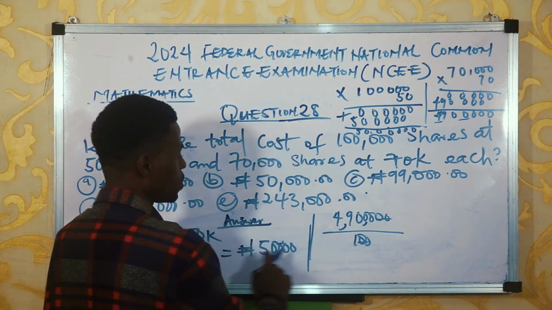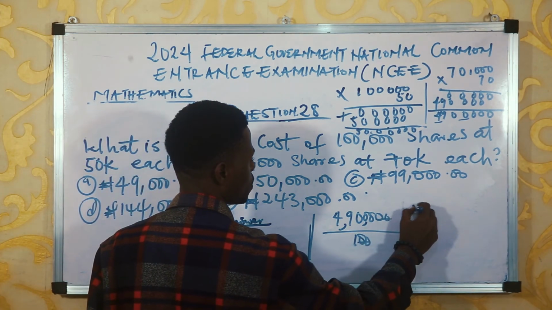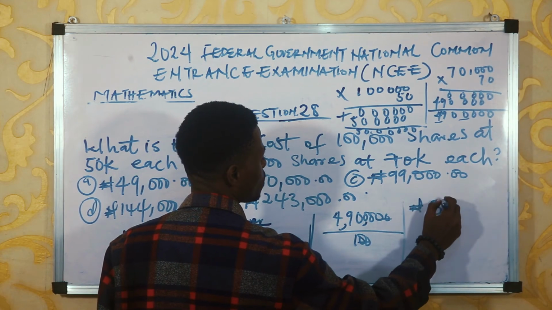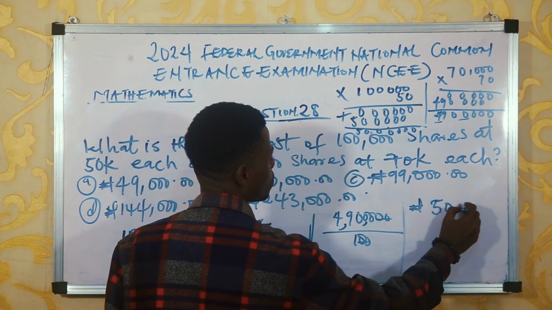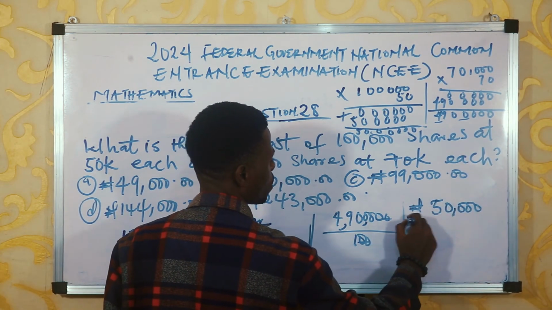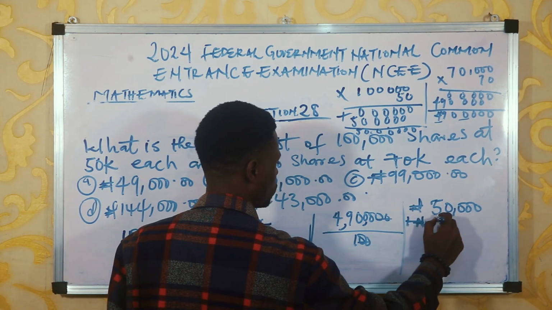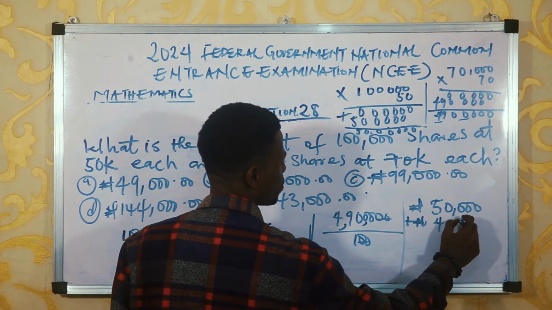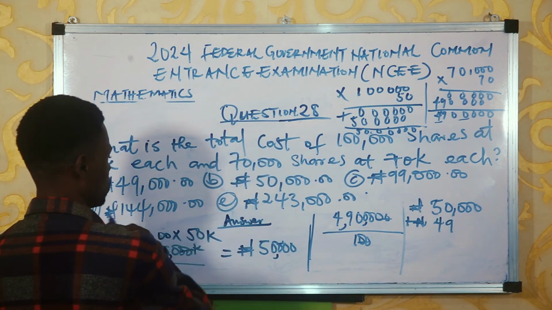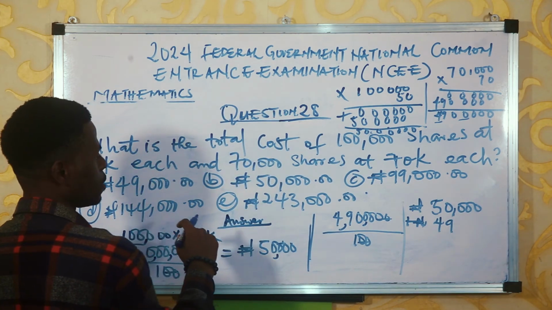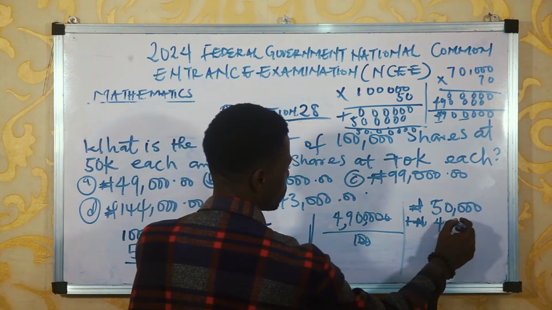So in this place we've gotten our 50,000 naira here, let's add it together. 50,000 naira plus 49,000 naira.